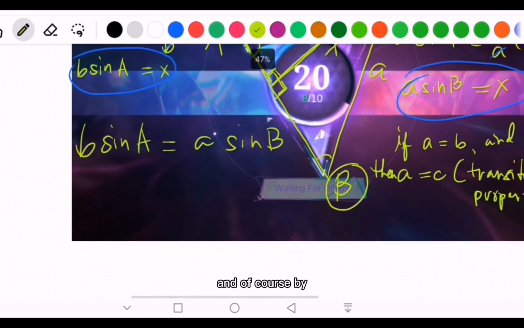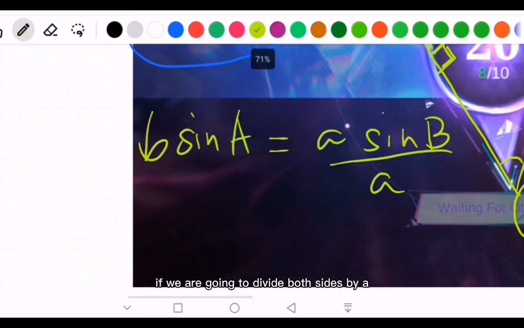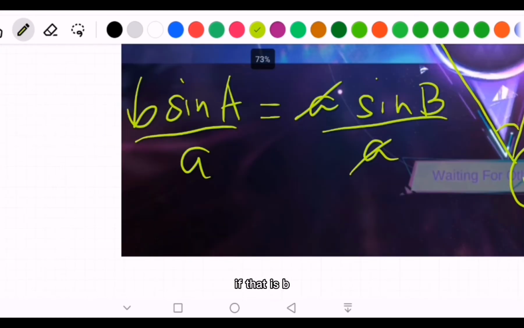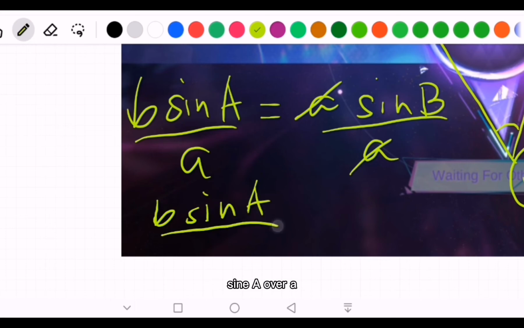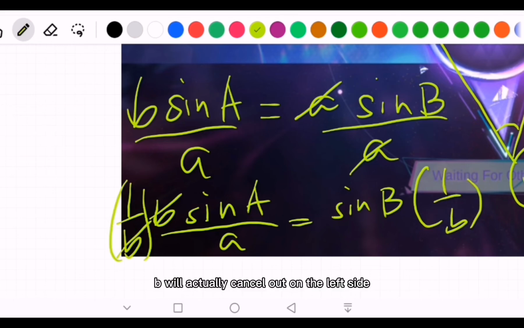And of course, if we divide both sides by a, this will cancel out. And then, b sine A over a, we have here sine B. And by multiplying both sides by 1 over b, b will actually cancel out on the left side.